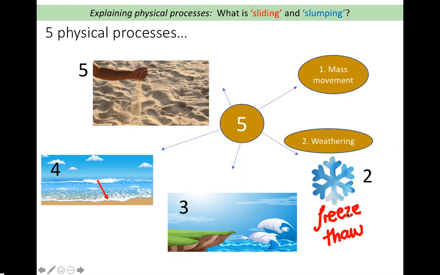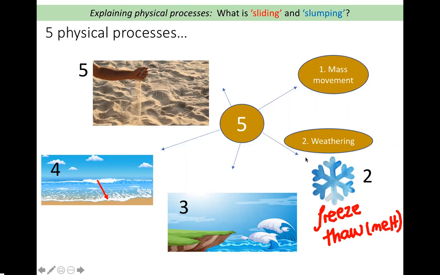What happens is it weakens the rock by water getting into the cracks in, say, the top of a cliff, the water freezing, expanding, and then melting again. And this process is repeated, freeze, thaw meaning melt, over and over again until the rock is weakened, okay? And that makes it easier for another type of physical process to happen, okay?